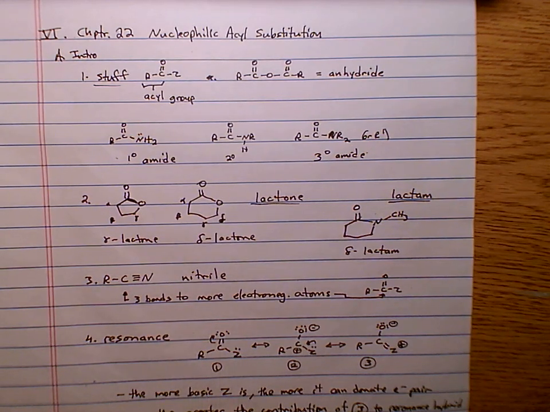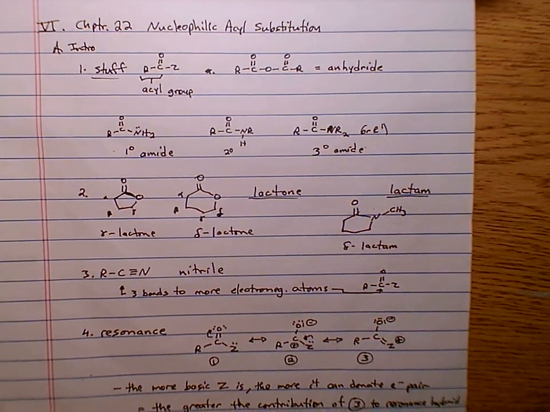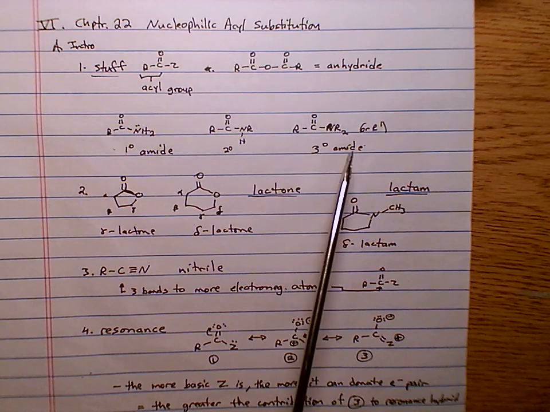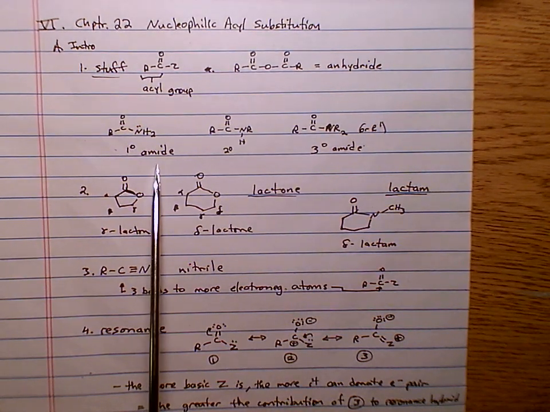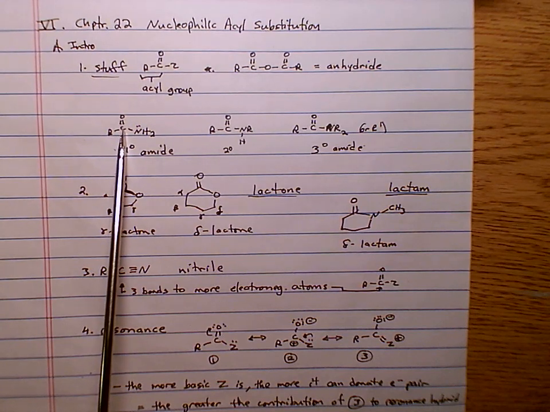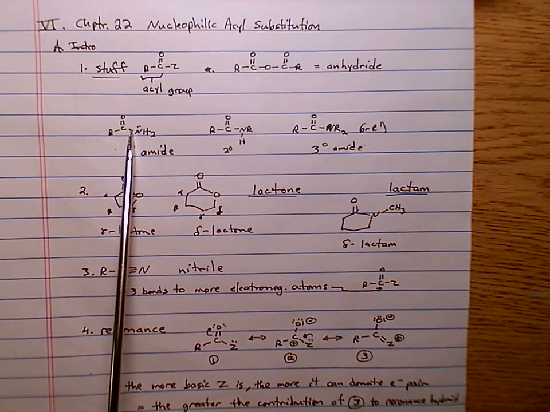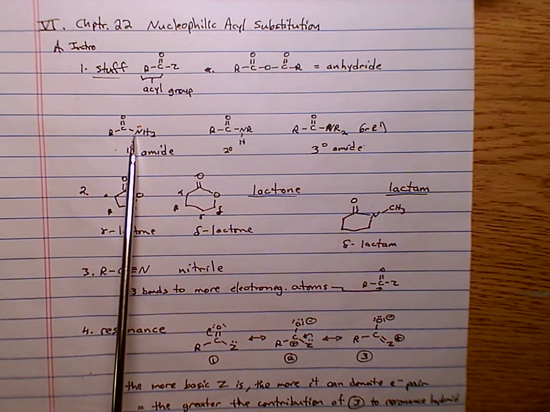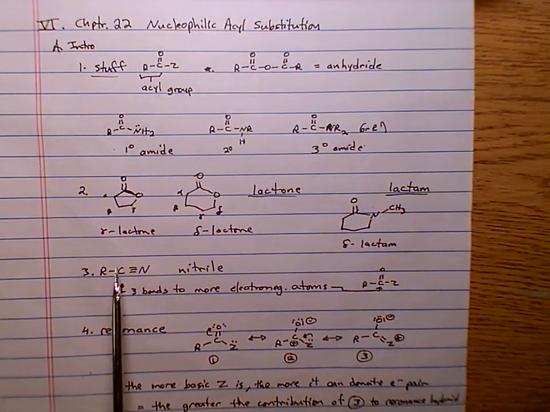Nitriles, we have not talked about nitriles too much. We kind of throw them in here because they tend to do very, very similar reactions as amides do, because we have an R group, a carbon, and that carbon has 3 bonds to electronegative atoms. 2 bonds to an electronegative oxygen, 1 bond to electronegative nitrogen here.